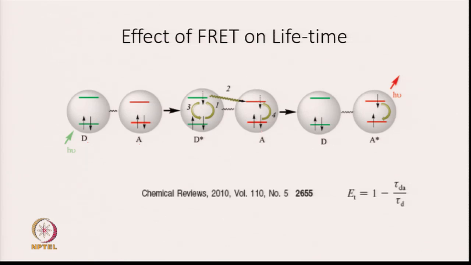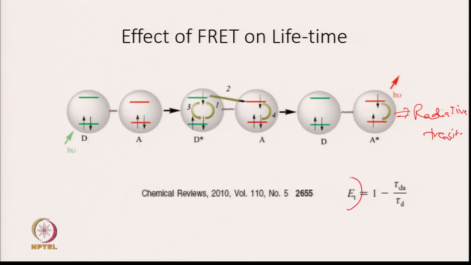What it does is excite the acceptor fluorophore to the excited state, and then there is emission of a photon as the fluorophore comes from the excited state to the ground state, this being a radiative transition.